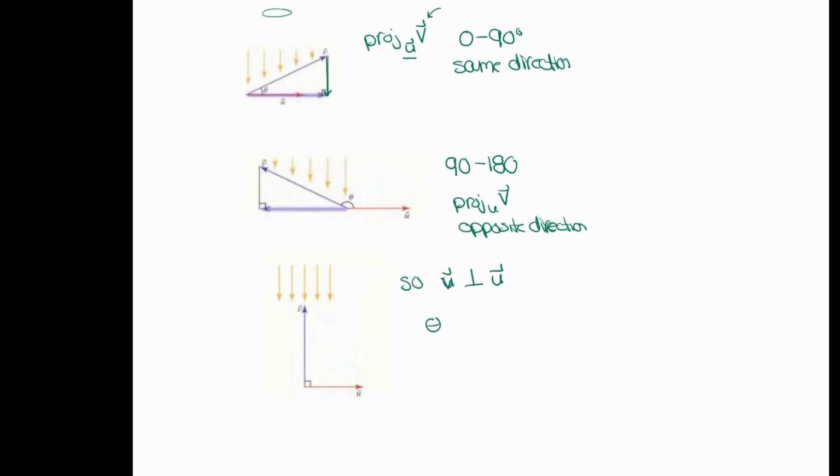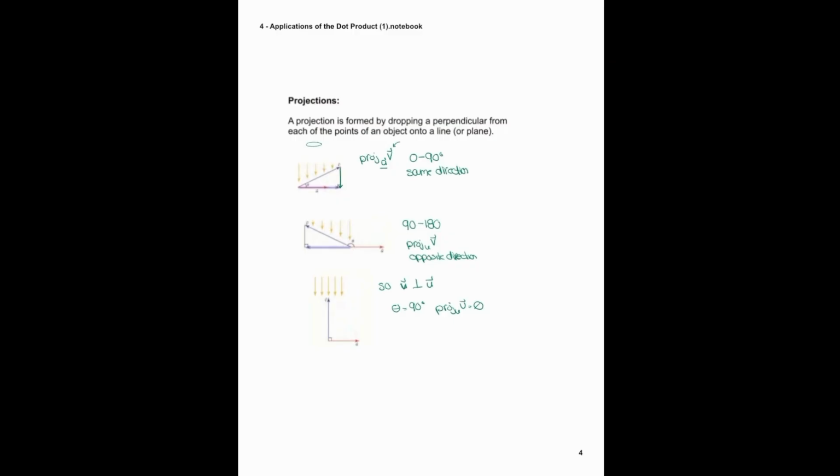So if theta equals 90 degrees, then the projection of V onto U is equal to 0. And this is actually why the dot product of V dot U would be 0 for perpendicular lines. We've seen a couple of examples of that now where that dot product is 0.